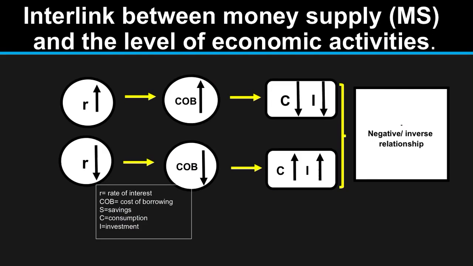So, we can easily conclude the relationship between interest rate and aggregate demand is a negative relationship, or interest rate and aggregate demand are inversely related, or there is an inverse relationship between interest rate, consumption, investment, aggregate demand, and the level of economic activities.